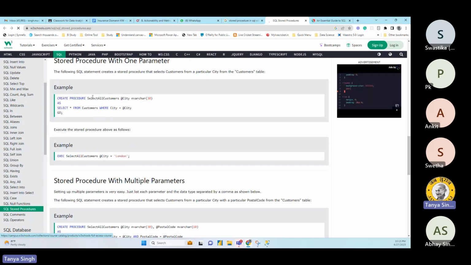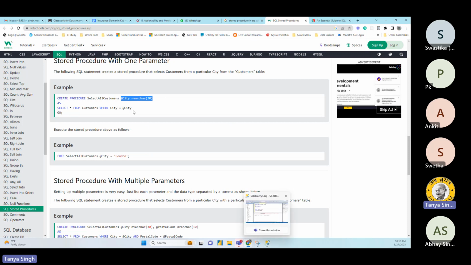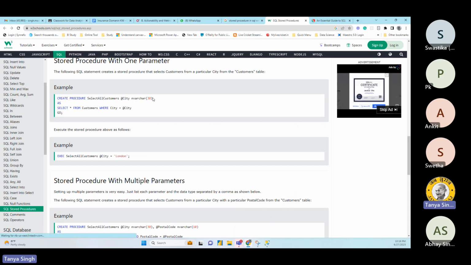You put the parameter name directly, with no brackets needed. This is the name of the parameter and this is its data type. If you want multiple parameters, you can use commas.